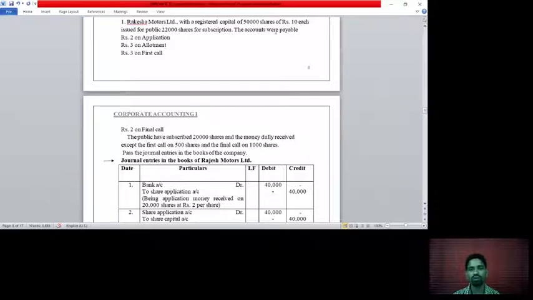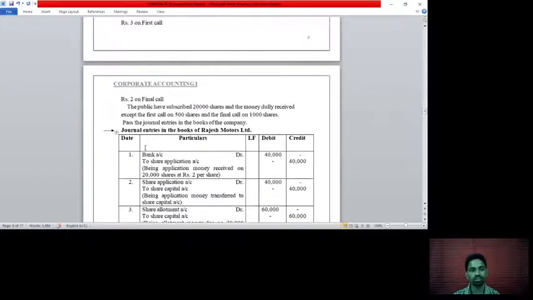Now, how are they going to collect this 10 rupees? Rupees 2 on application, rupees 3 on allotment, rupees 3 on first call, and rupees 2 on final call. So 2 plus 3 is 5, 5 plus 3 is 8, 8 plus 2 is 10. Like this they collect each share's price.